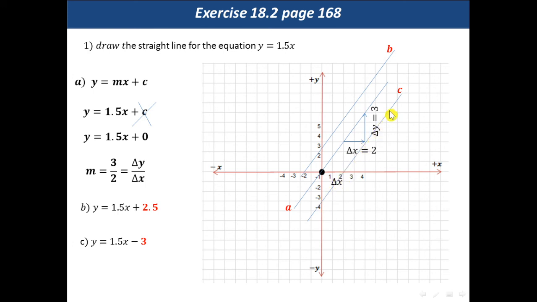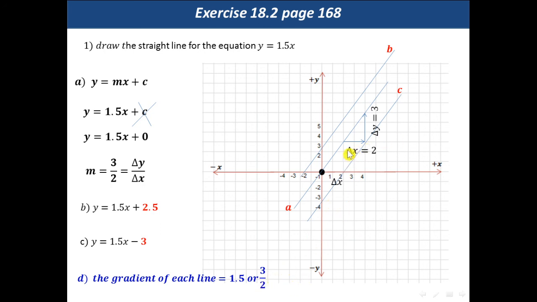Okay, and the same gradient as A and B, they are all parallel. When they are parallel, that means they have the same gradient. So these are the lines A, B, and C. The gradient of each line equals 1.5 or 3 over 2. This gives you the dy over dx, so that you know how much you go dy, how much you go to the right dx.